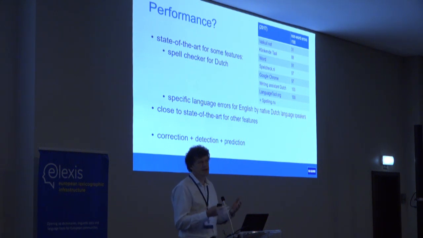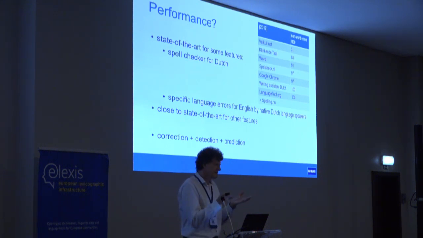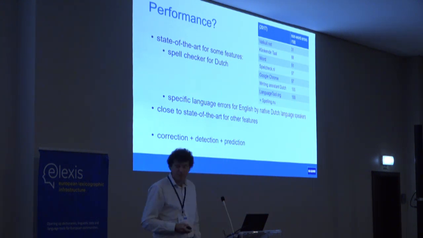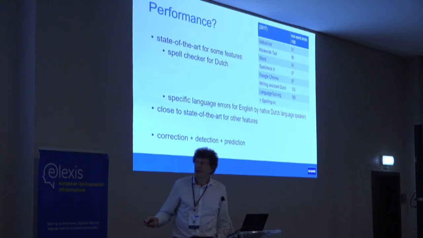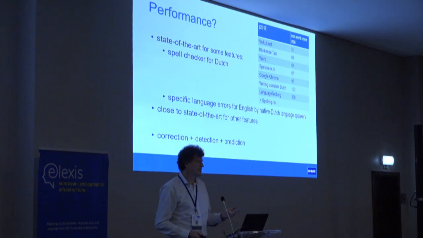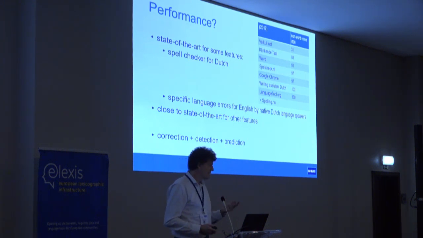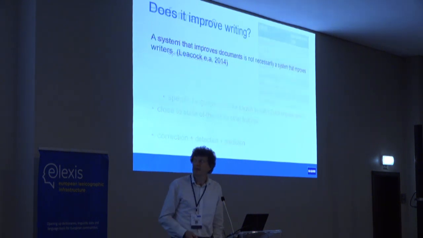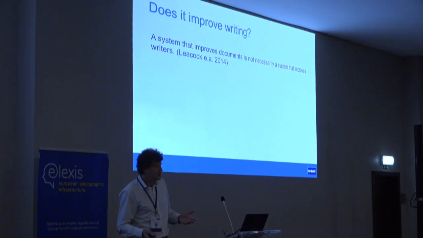It's very difficult to really evaluate, from an objective point of view, the value of those kinds of things. But what's really important for us is the fact that we have these three functions: correction, detection and prediction. And I think this is really essential if you want to make a good writing assistant.